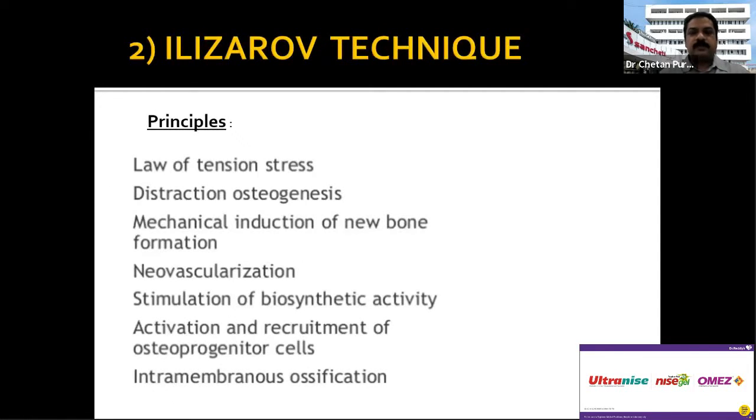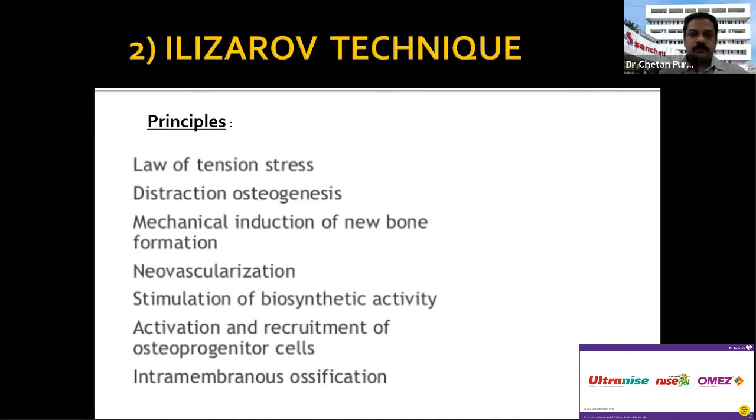The Ilizarov technique is one of the most commonly used techniques, especially for treatment of infected non-unions. It works on the principle of tension stress and distraction osteogenesis, which means there is mechanical induction of new bone formation and neovascularization.